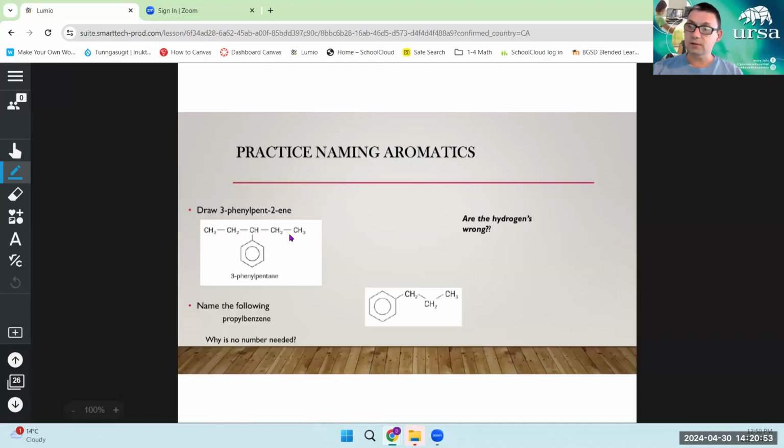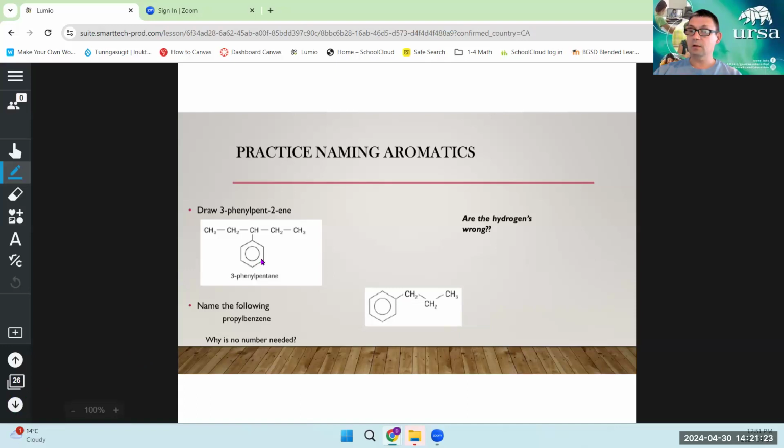So we can look at these. Again, take note, because it's a side chain with a double bond at carbon number 2, this would be 3-phenylpent-2-ene. Here, because it's at the beginning, propylbenzene, no numbers needed, there's only one side chain, propylbenzene, and all the carbons are equivalent.